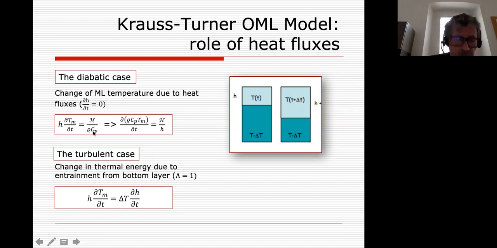Before, we can simplify the thermal energy equation in this way. We don't have any entrainment, and we can rearrange the equation this way. These two are assumed to be, at the moment, constant, and we can just rewrite it this way. So the changes in the thermal energy depend essentially on the heat flux divided by H.